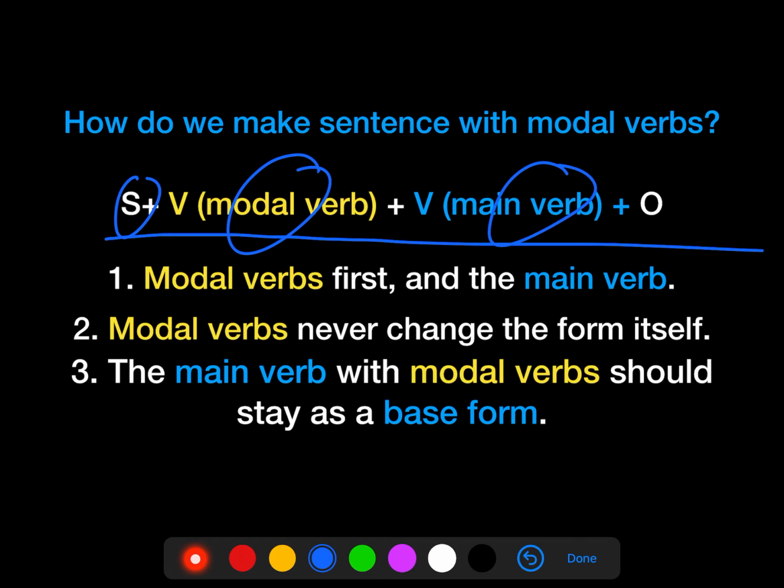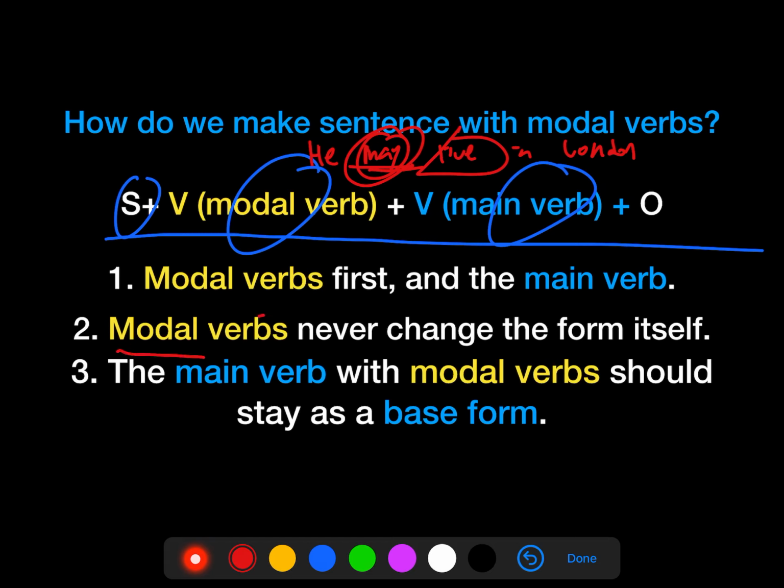First of all, the modal verb comes first, and then the main verb. Let me give you an example again. He may, as a modal verb, and then live in London. The modal verb came first, and then the main verb live came after.